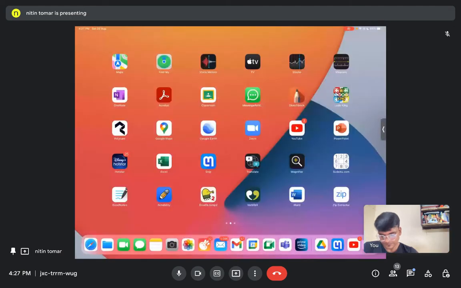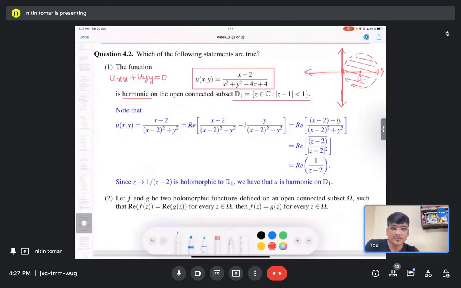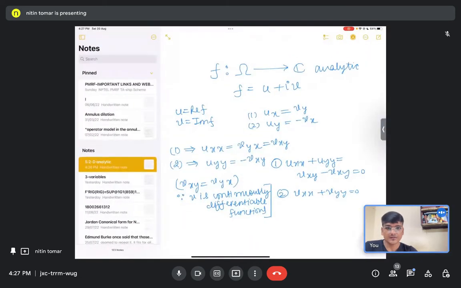One second. Yes, please ask. Previous slide. Okay, yes, this one. The one implies uxx equal to vyx. This implies v equal to xy. So one second, I'll explain how uxx equal to vyx.